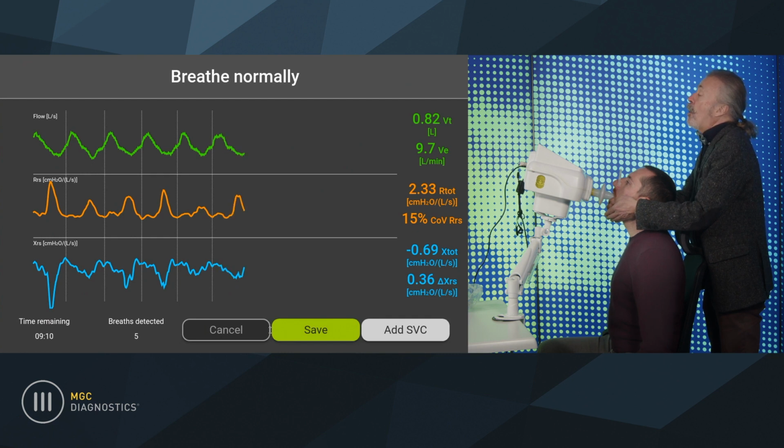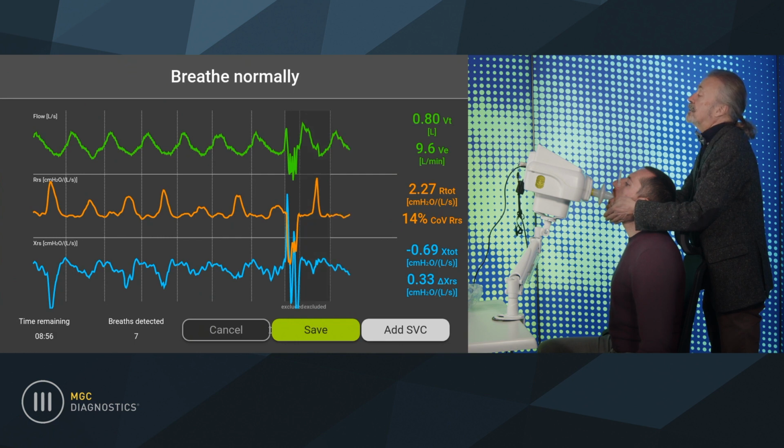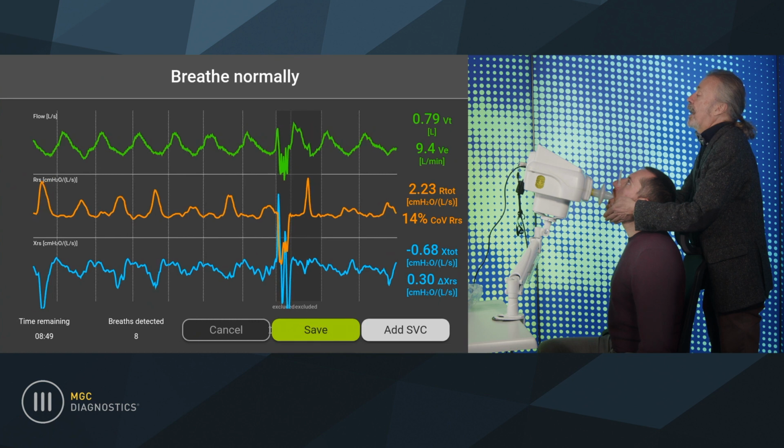So at any moment, you see, these are all accepted breaths. At any moment, should the patient cough, or close the glottis, or remove from the mouthpiece, you see that those breaths were excluded. And the system starts counting only when good, repeatable, physiologically valid results are acquired.